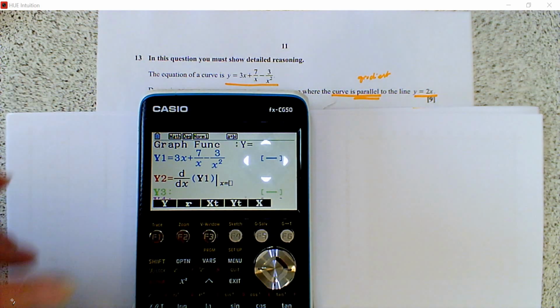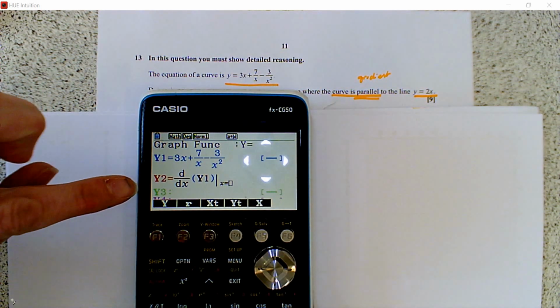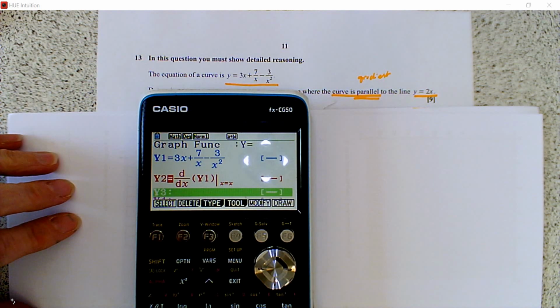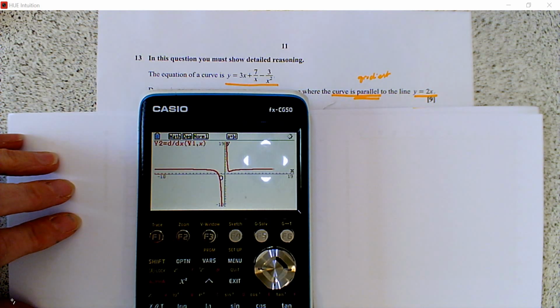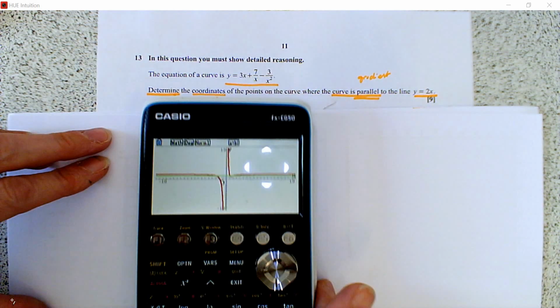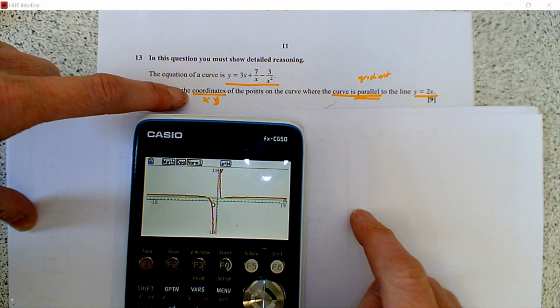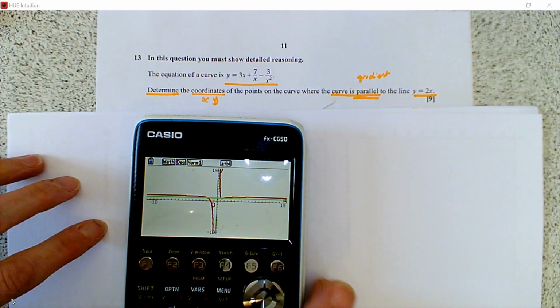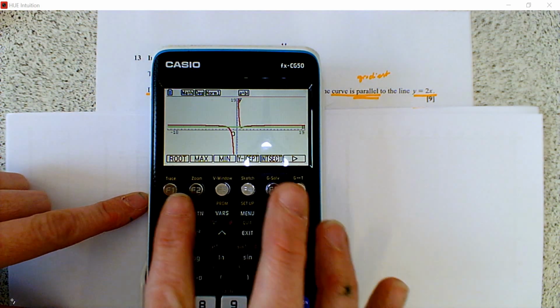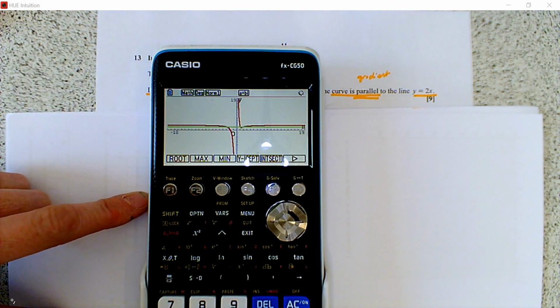If I want the general gradient function, so for all x, then I put x equals x. Then if I draw the graph y equals 2, where they intersect is going to be the coordinates where the curve is parallel to y equals 2x. So I can go gsolve and then intersect and see what we get.